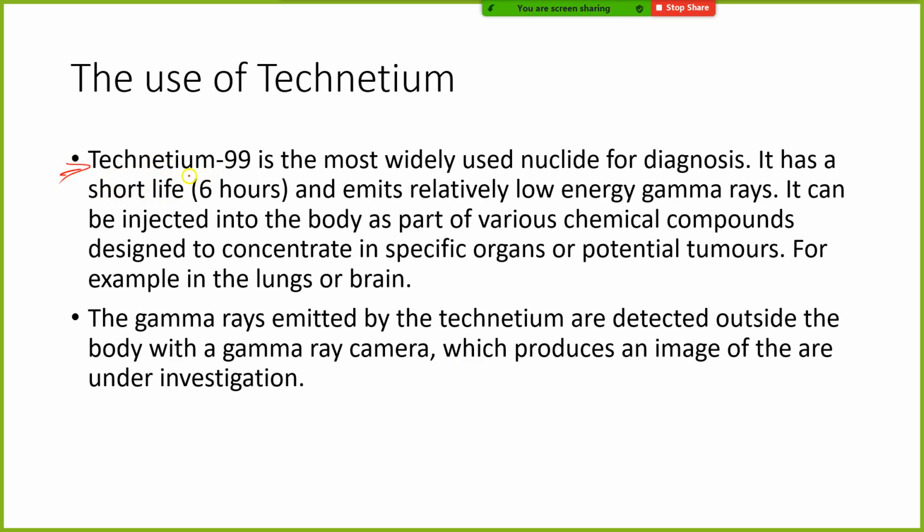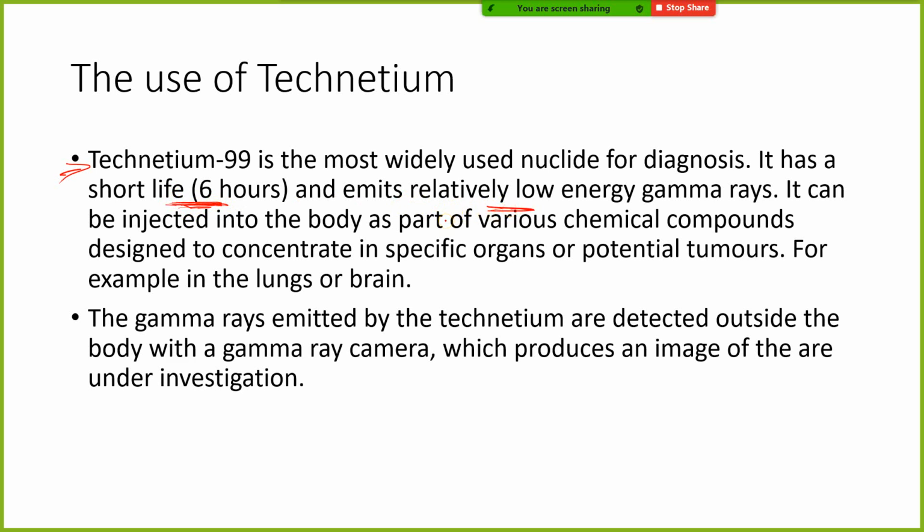So it's a very widely used radioactive substance for the whole process of diagnosis, right? One of the main reasons why they use this type of radioactive substance is because of the short half life, and the fact that it also gives off relatively low gamma rays.